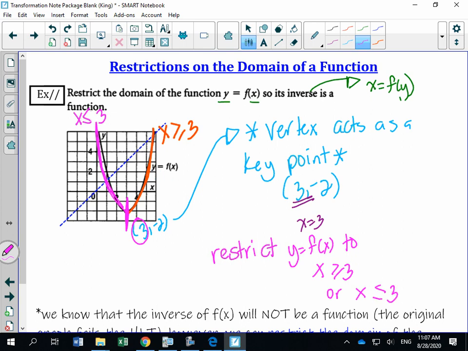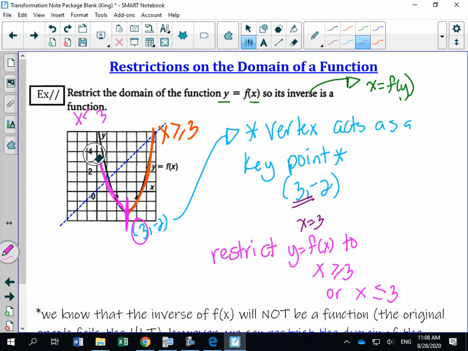And here's what I mean. If I say I'm going to restrict my original graph to x is greater than or equal to 3, what that means is I only care about this red graph here. And if we're only going to graph this red piece here, what would the inverse of this red piece be?